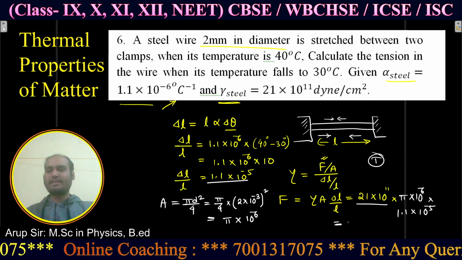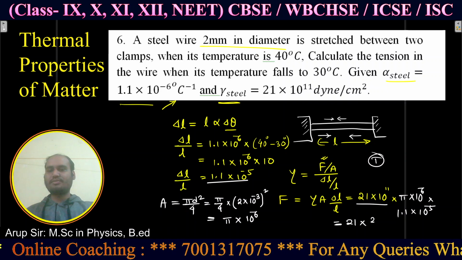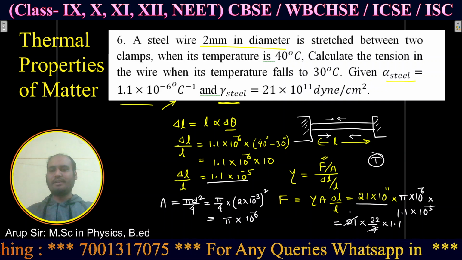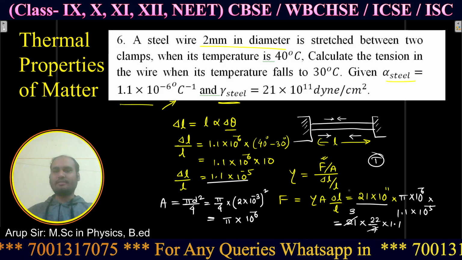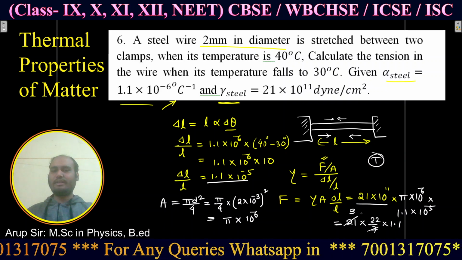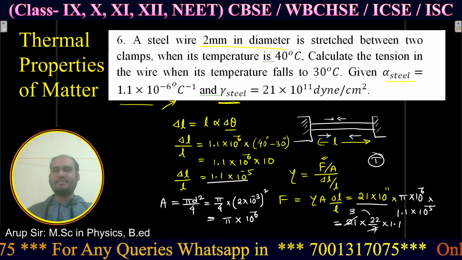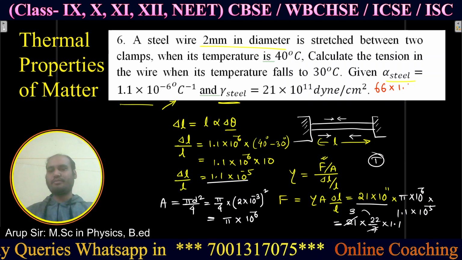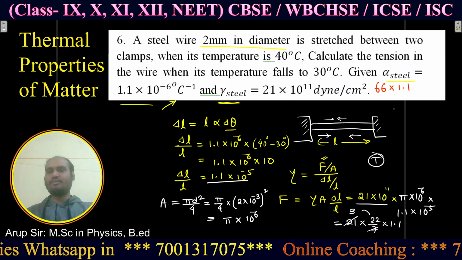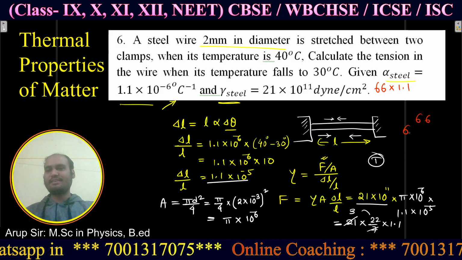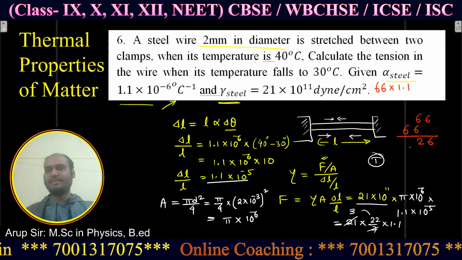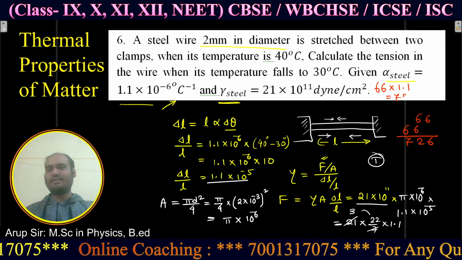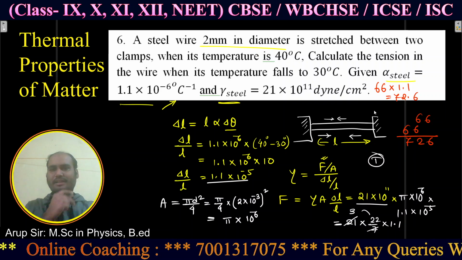So finally we get 21 into pi, that is 22 by 7, into 1.1. 7 3s are 21. 3 into 22 is 66. So 66 into 1.1, how much is the answer? 72.6 is the answer. 72.6.